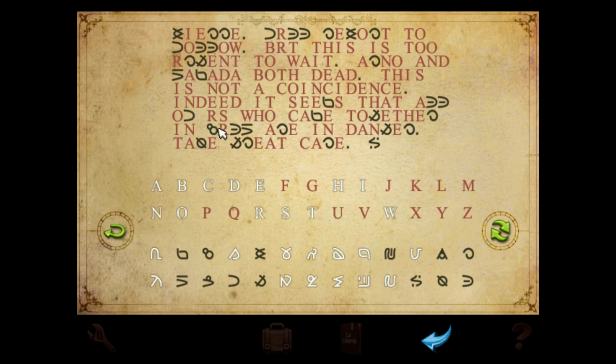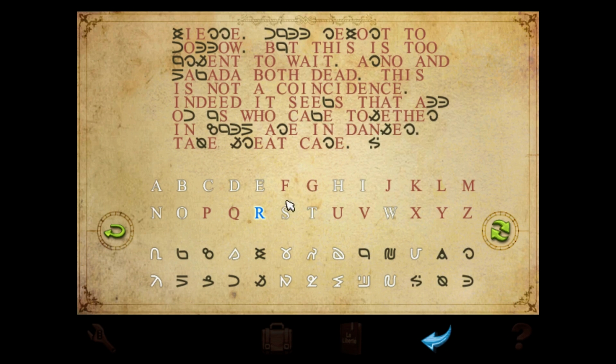Let's see. R is wrong. So we'll change R. Change this to, well, I don't know what it is. R is wrong, whatever it is. This looks like Daniel, but it can't be.